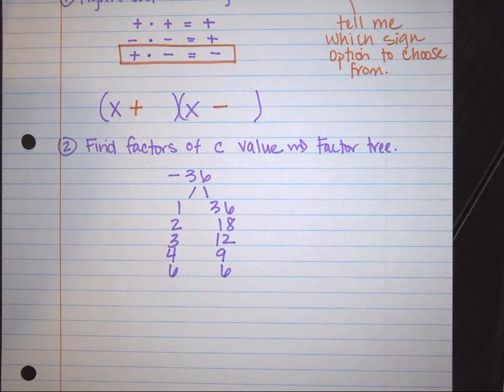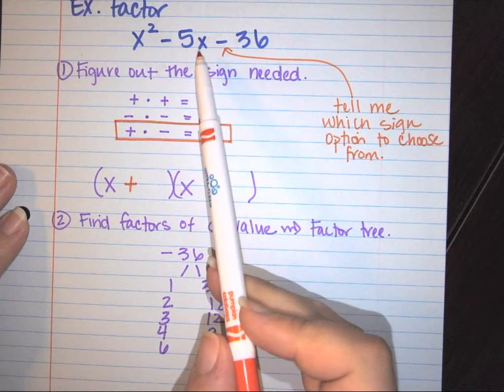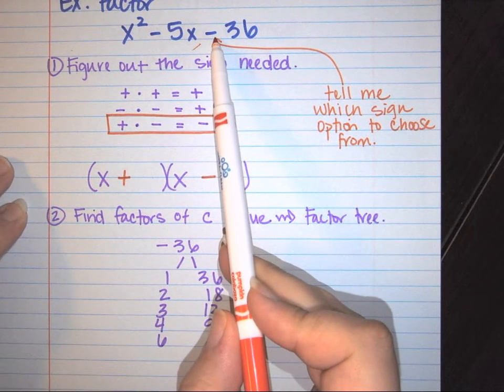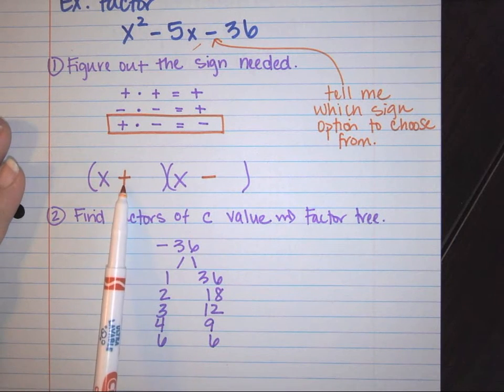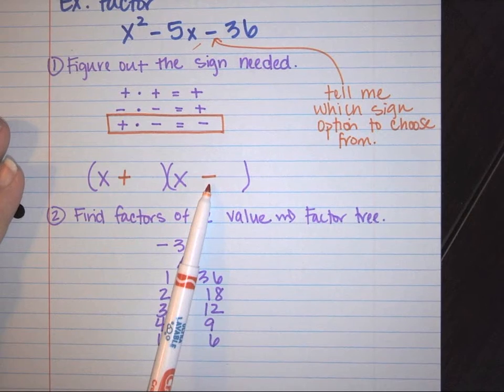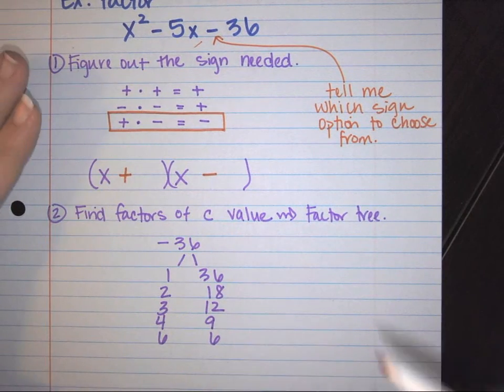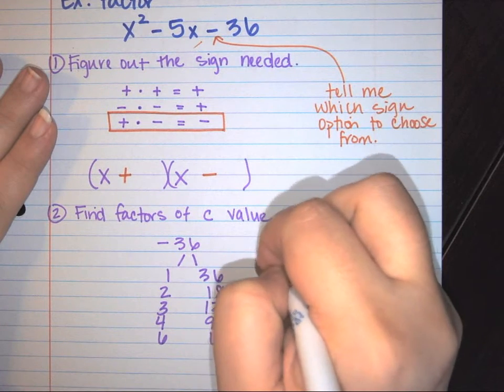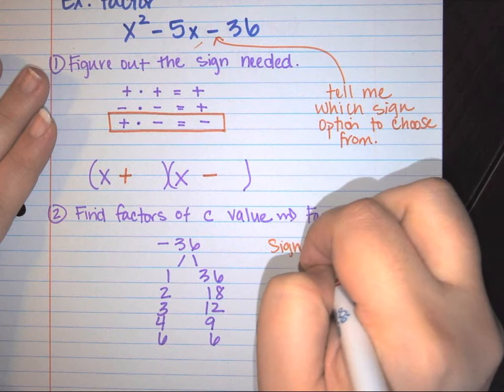Now, for this particular combination, when you have a negative in the back here, that means I have one positive, one negative, and here's the trick. Okay, so your sign trick is as follows.